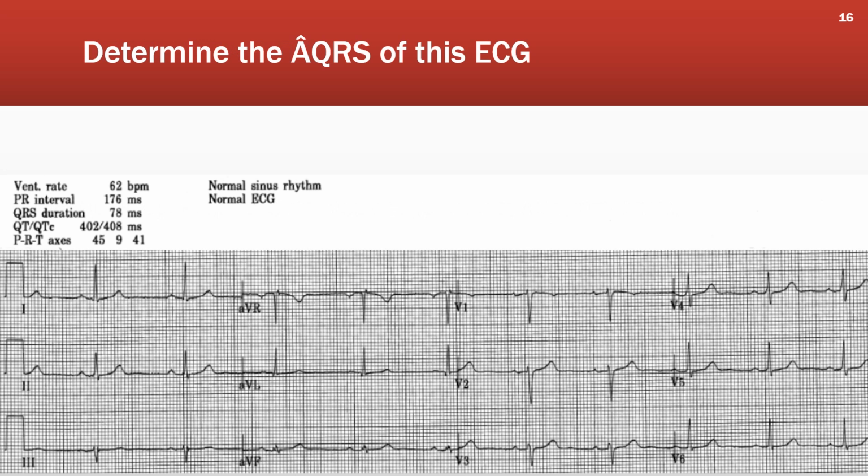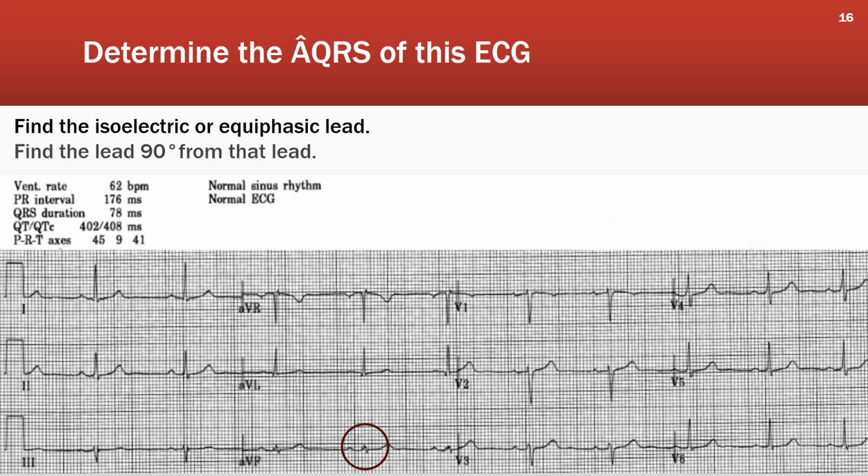Okay, let's determine the mean QRS axis in the frontal plane for this ECG. Now, I'll get you started. You find the isoelectric or equiphasic lead. Well, that's going to be lead AVF. Now find the lead 90 degrees from that lead. Remember, it's time for our tic-tac-toe game.